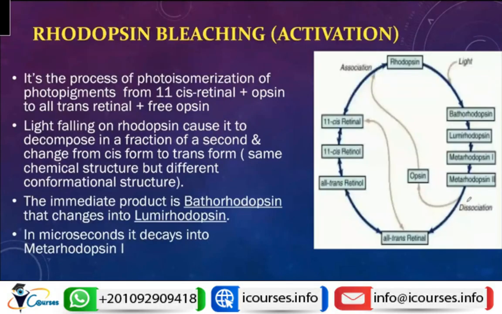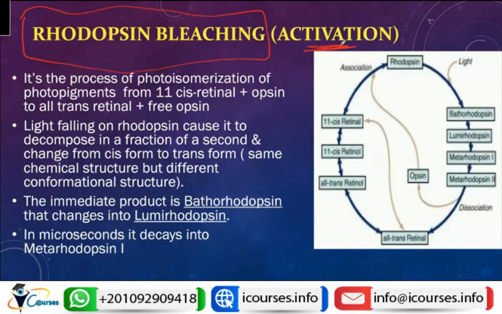So what happens when there is exposure to light? There will be what's called rhodopsin bleaching. Bleaching, as we said, is activation, which makes the rhodopsin an activated rhodopsin. How can we do that?